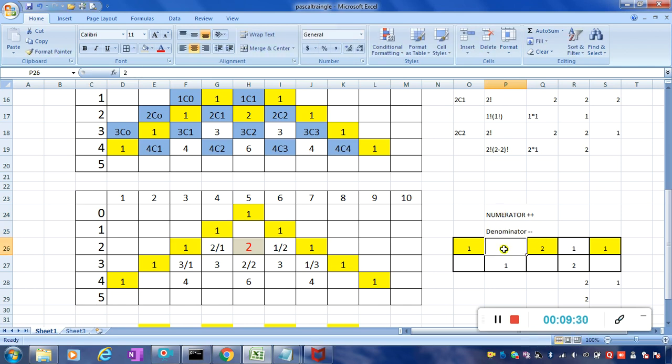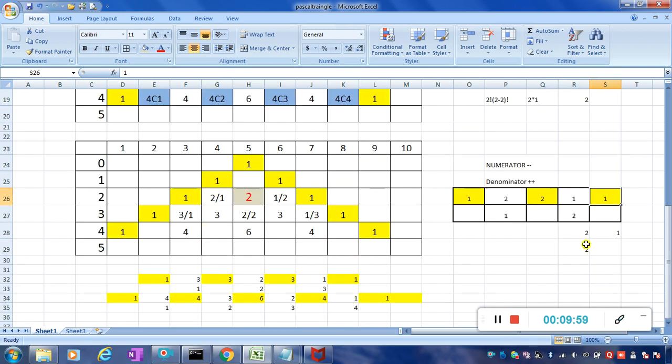So the numerator is decremented, and the denominator is incremented. The numerator got decremented, so 2 minus 1 is 1, and the denominator 1 plus 1 is 2. So now I am multiplying 1 by these two numbers, so it's 2 upon 2, the output is 1.